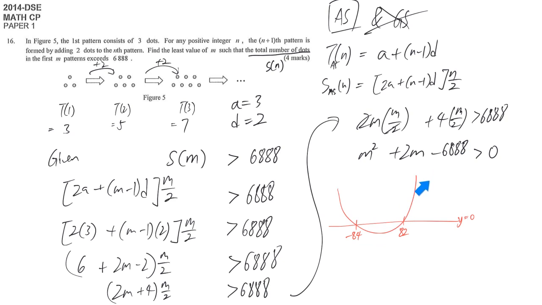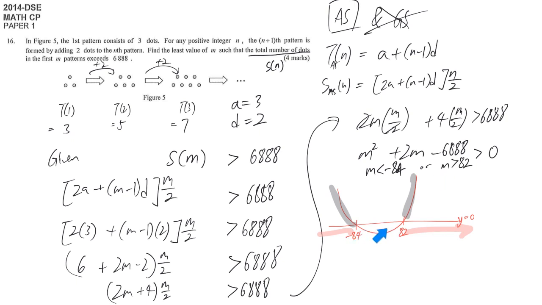When this curve is above the ground, we are talking about this region and also this region. That means your input can be larger than 82 or smaller than negative 84. So for this quadratic inequality, our result is m may be smaller than negative 84 or m may be larger than 82.